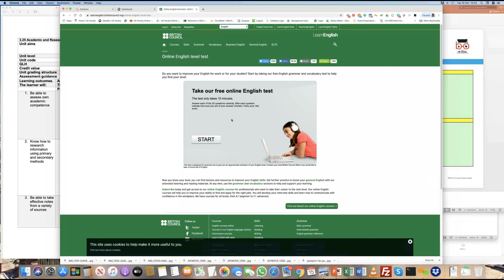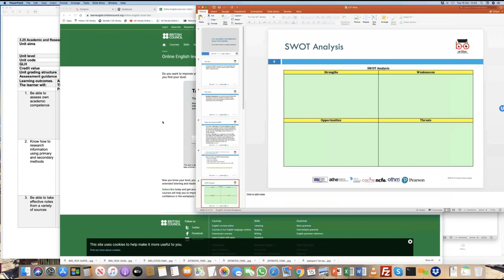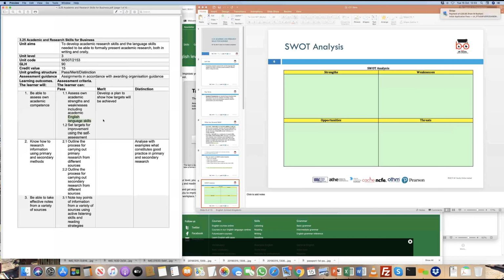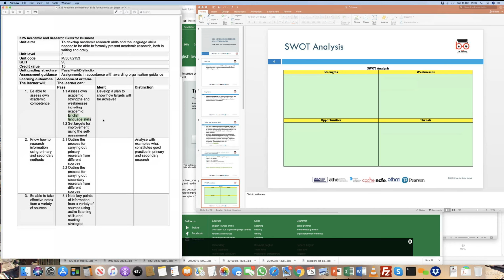Because when you take the test, it is a combination of questions related to reading, writing, speaking and communicating, or listening in this case, and the results of this test will allow you to determine your strengths and weaknesses, opportunities and threats that you need to develop in relation to the English language skills. This is the first task that you have to look at in order to assess your own academic competence.